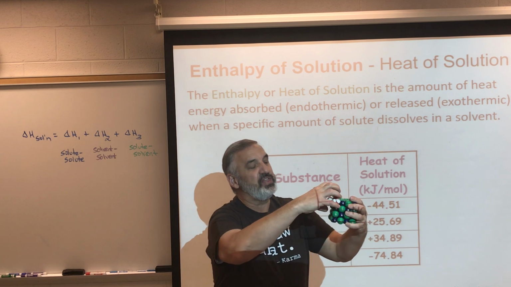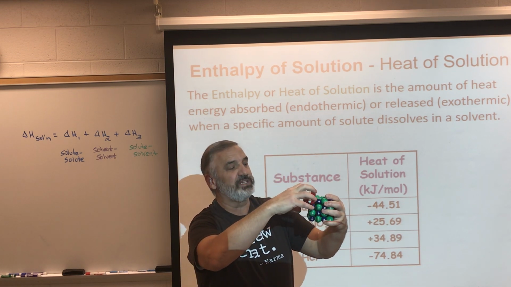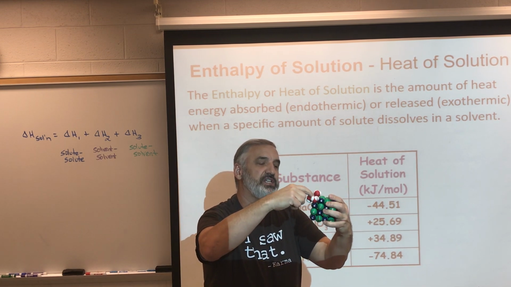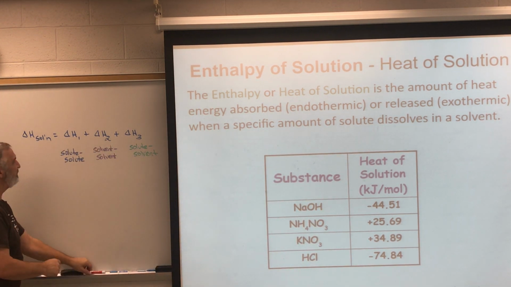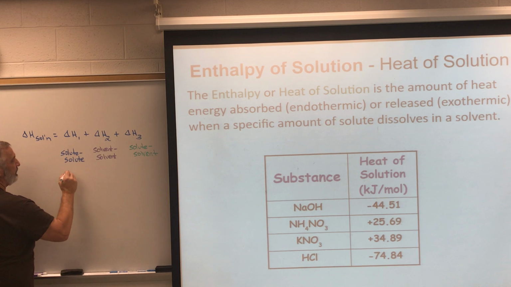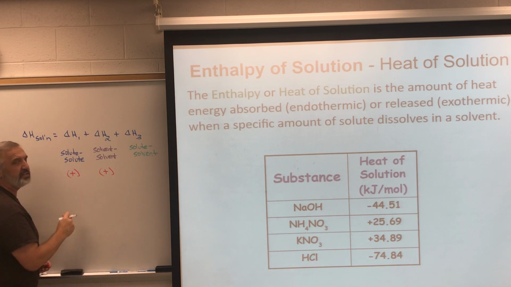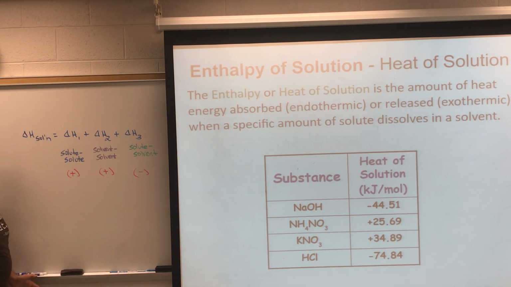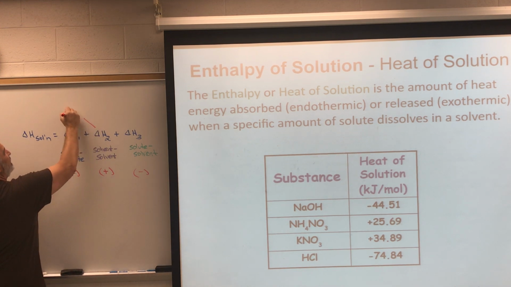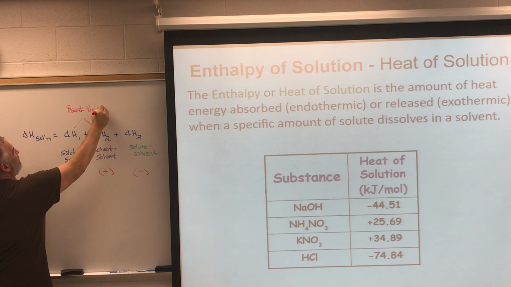This attraction between the solute and the solvent is what causes these first two things to separate. But this takes energy, okay? That requires energy. This requires energy, a positive heat of solution. This one releases energy. Whenever you break bonds, breaking bonds always requires energy.